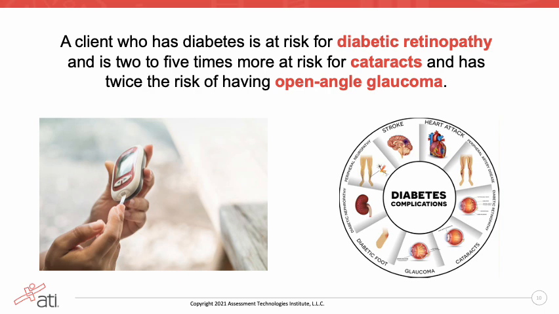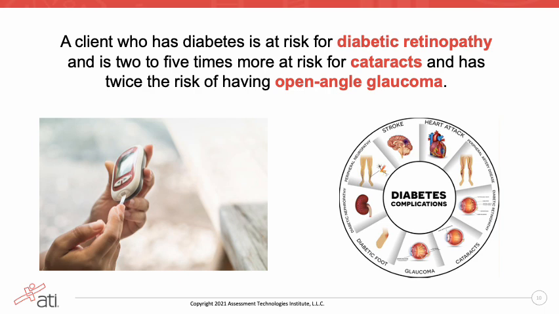Another eye disorder is called macular degeneration. That is where the central portion of the retina can be disturbed, which leads to a loss of the central vision as clients age. So that's the vision right in the center of our visual field.